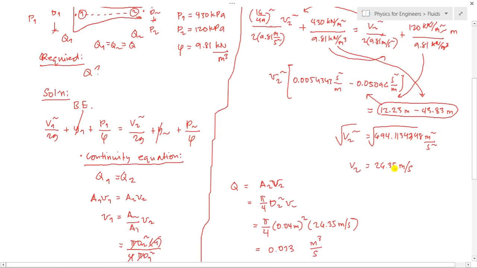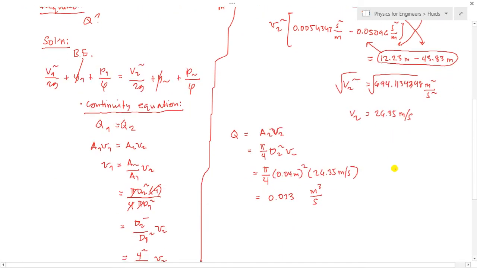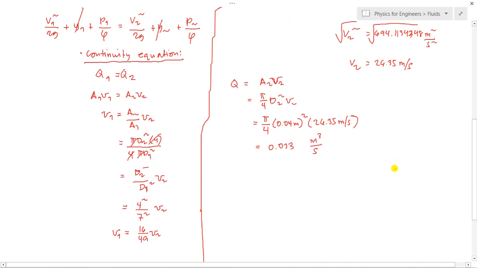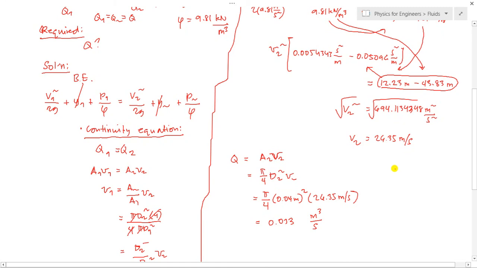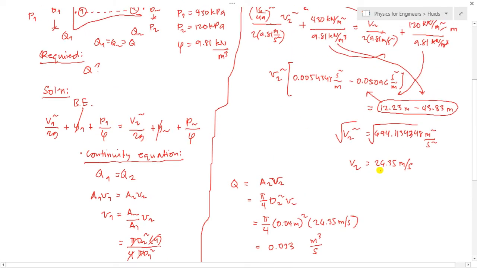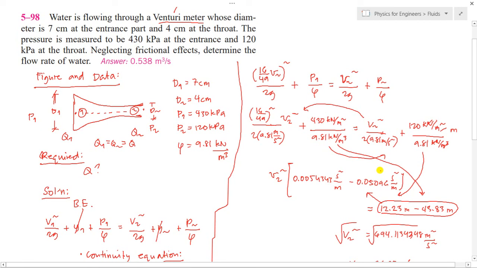Then for the volume flow rate, area 1 velocity 1, V1 is equal to V2 times area 2 over area 1, that is 4 squared all over 7 squared, 16 over 49, so 16 over 49 V2. Then we solve again, squared all over 2 times 9.81.